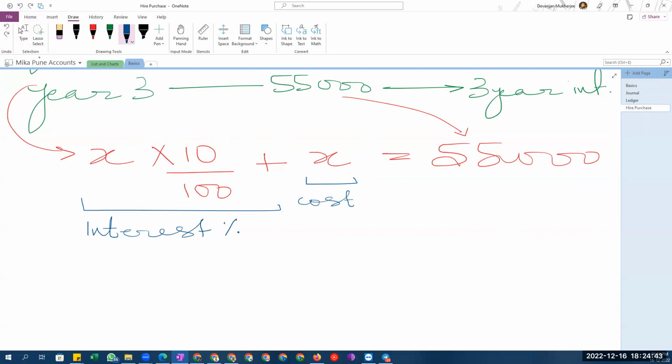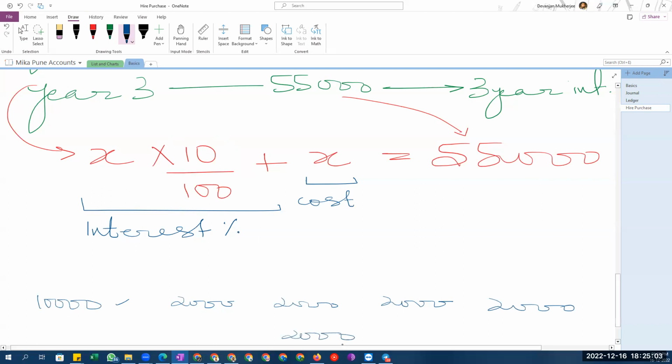Okay? So let's say I took a loan of 10,000. First year I paid 2,000. Second year I paid 2,000. Third year I paid 2,000. Fourth year I paid 2,000. Now in the fifth year, how much is remaining? Only 2,000 is remaining.